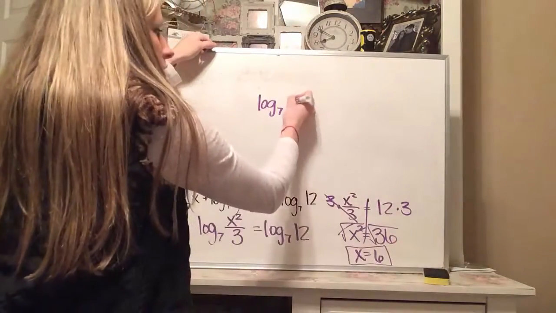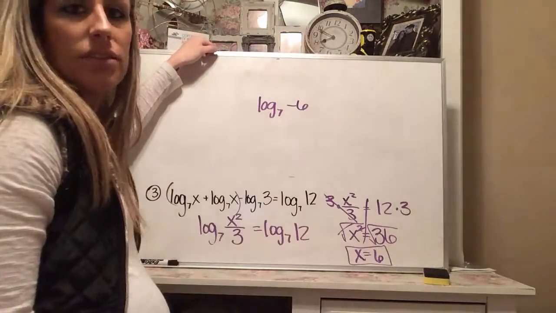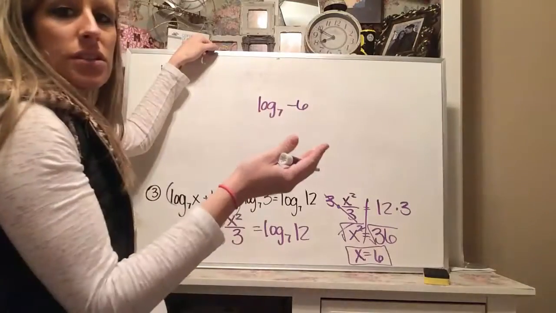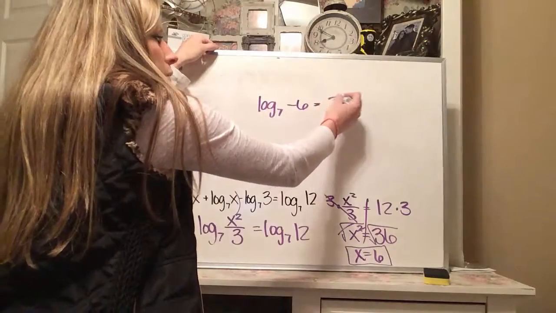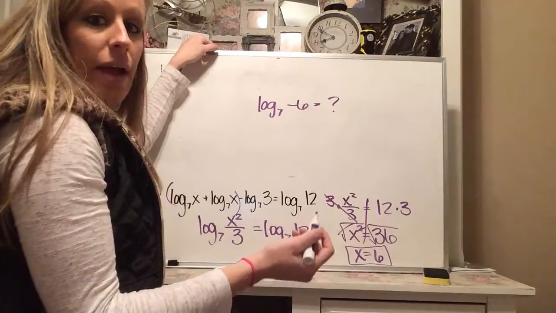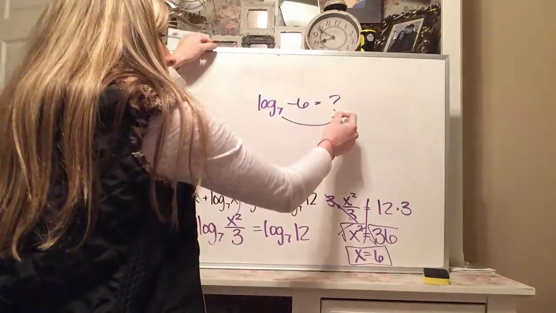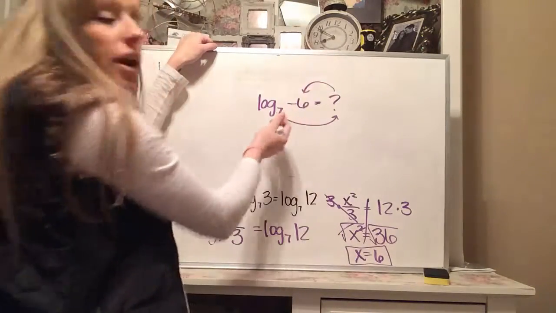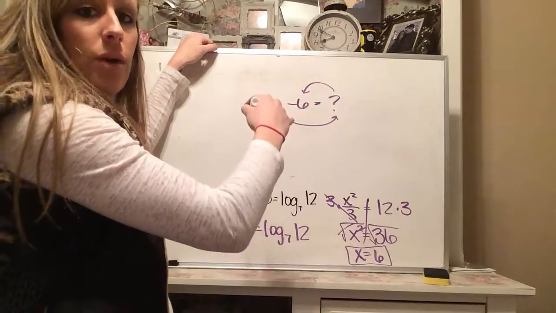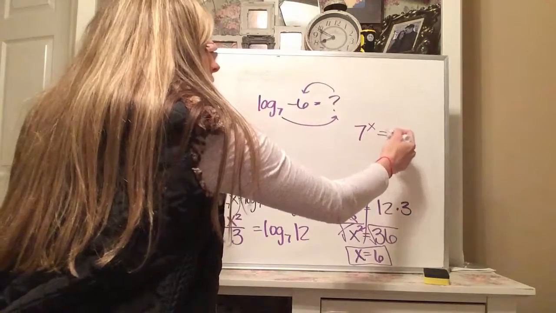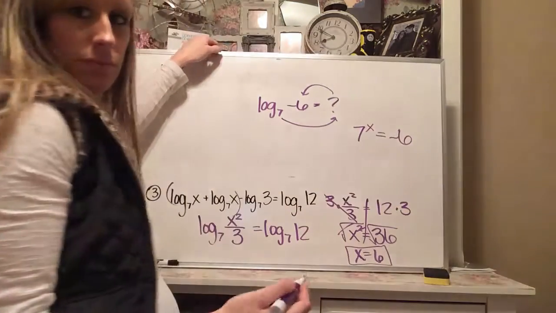Let's see what happens when we plug in -6 for x. If I want to solve this and find out what it equals, I would change it to exponential. This is what we did a couple days ago, where you start with the base and you move counterclockwise, right? So this would be 7 to the x power equals -6.